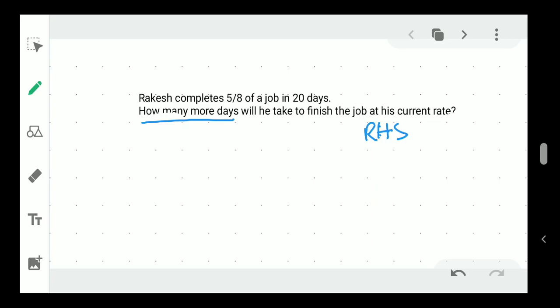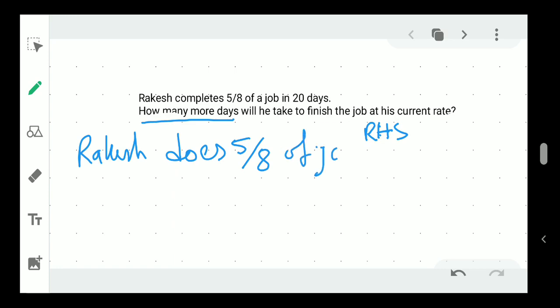So I will write here that Rakesh does 5 by 8 of a job in 20 days. So days I have kept on the right hand side.